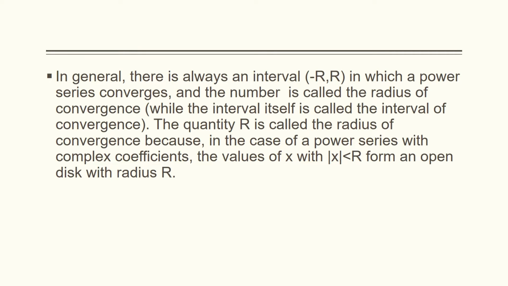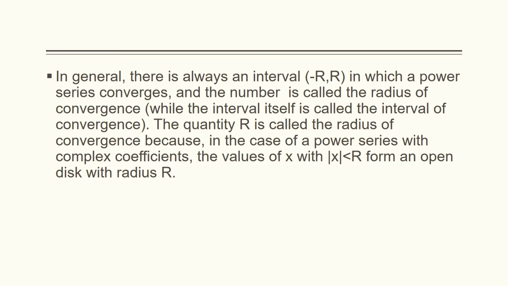Radius of convergence. First of all, we need to define the radius of convergence. In general, there is always an interval going from negative R to positive R in which the power series converges, and the number R is called the radius of convergence, while the interval itself is called the interval of convergence.